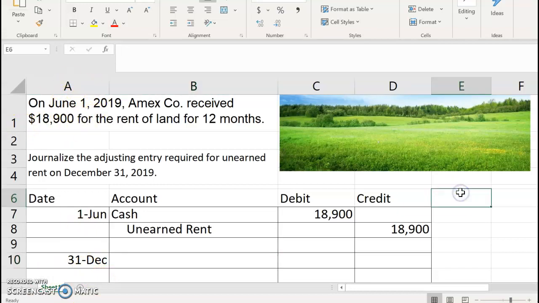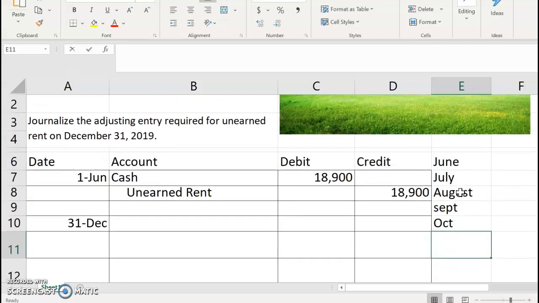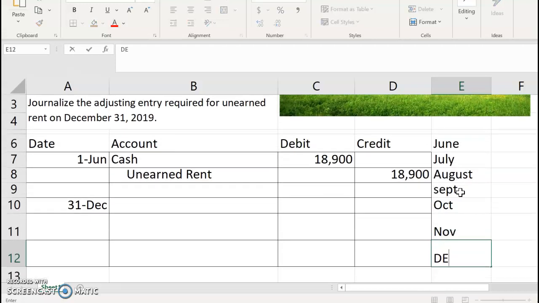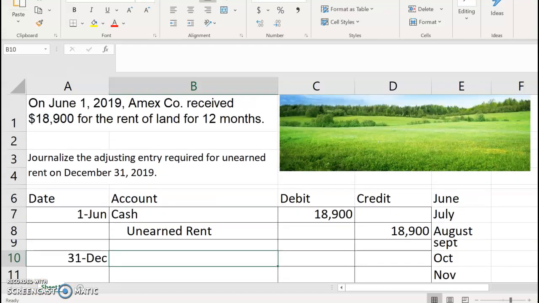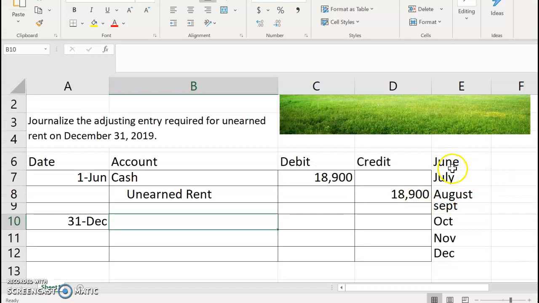So it would include all of June and then July, August, September, October, November, and then December. So that means we are going to have 1, 2, 3, 4, 5, 6, 7 months. 7 months of earned rent.